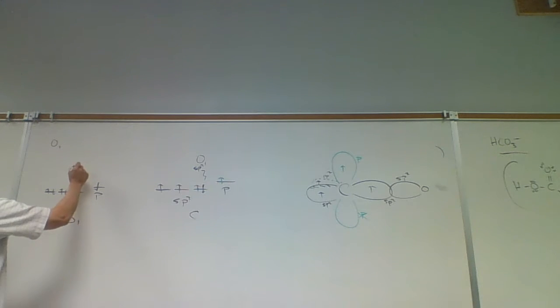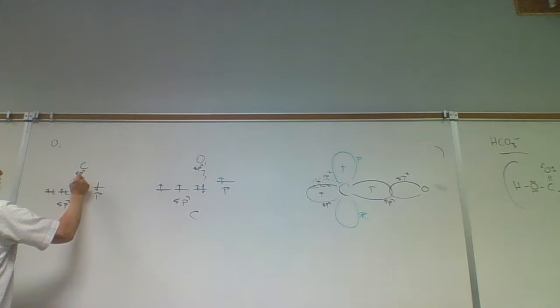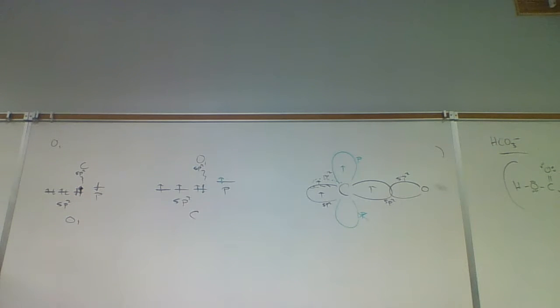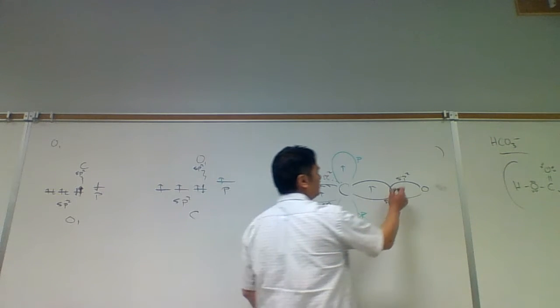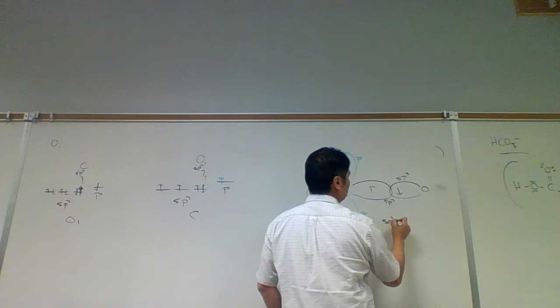That means carbon, there's only one carbon. The carbon sp2 is going to come in here and share an electron like this. We'll just show the electron a little differently. And so what we end up with is an sp2 sigma bond. sp2 sigma.